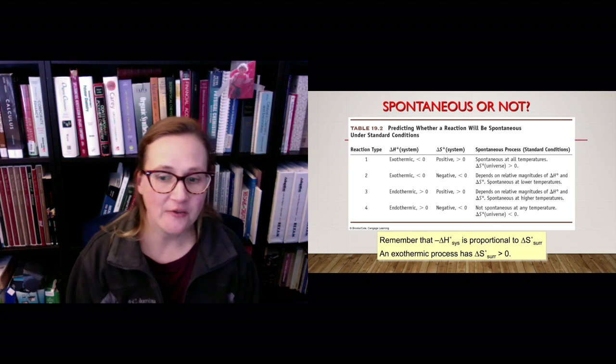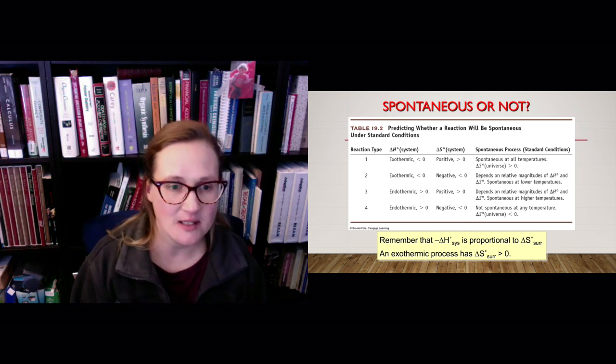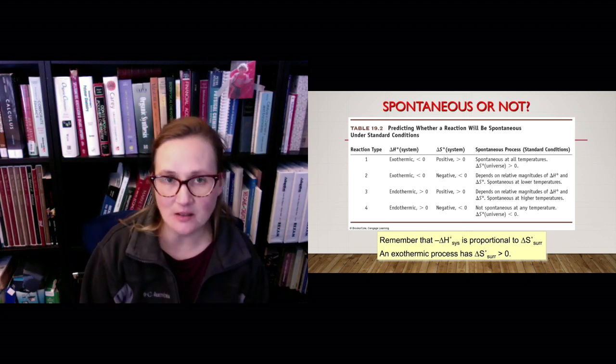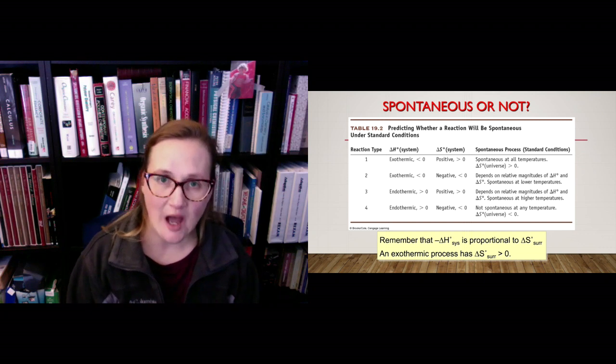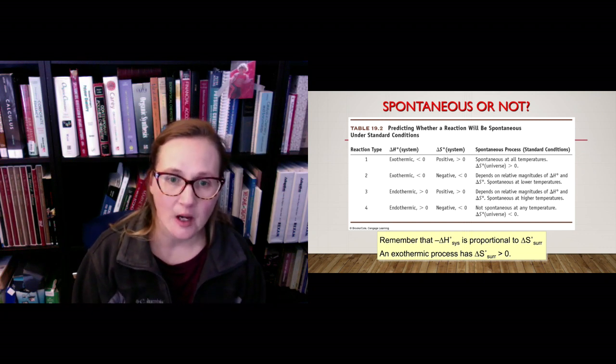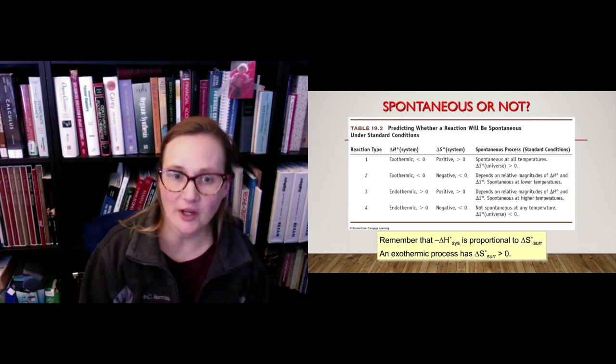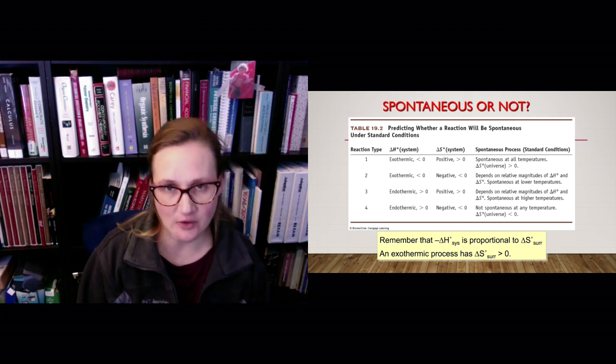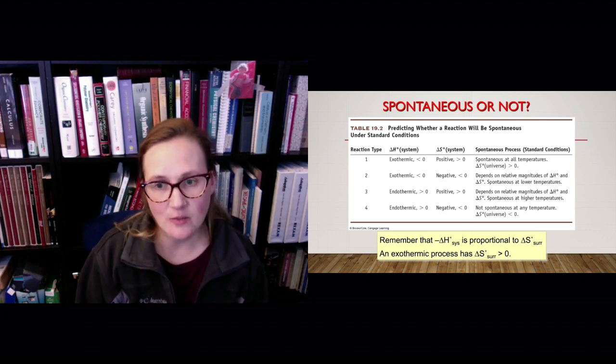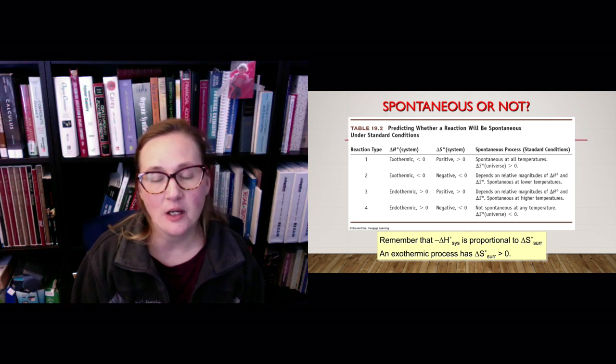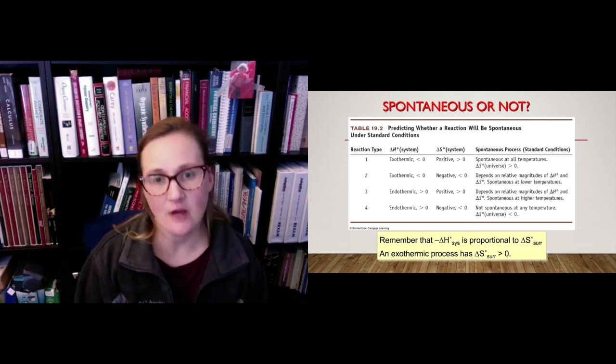And so what we're going to focus in on is when we have a mixed situation, where we have a favorable enthalpy and an unfavorable entropy, and vice versa. And there we need to measure what is the temperature dependence of the process.